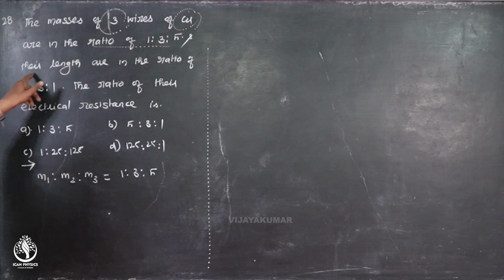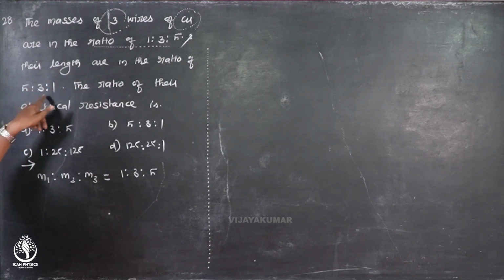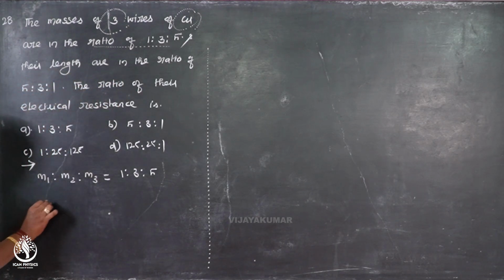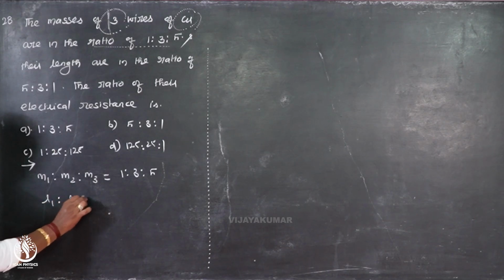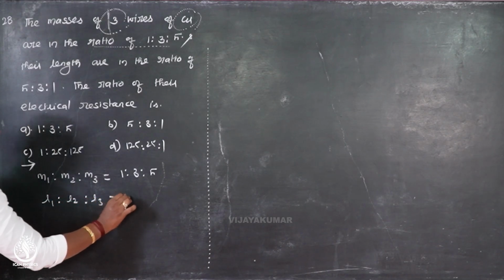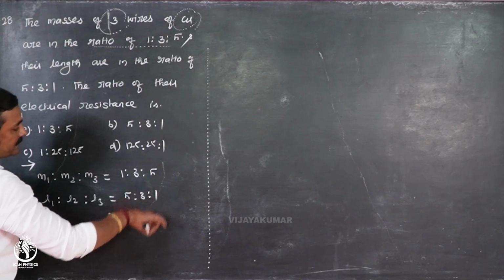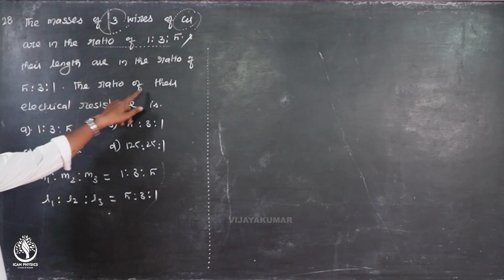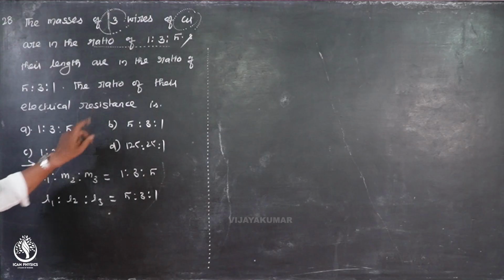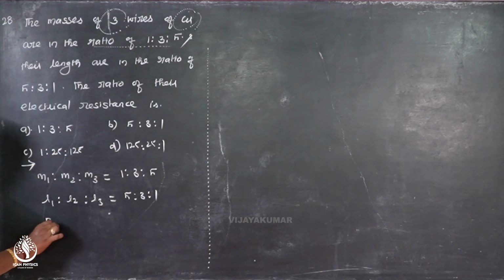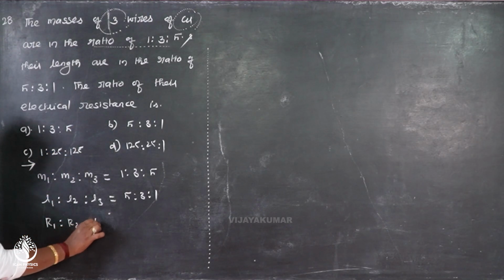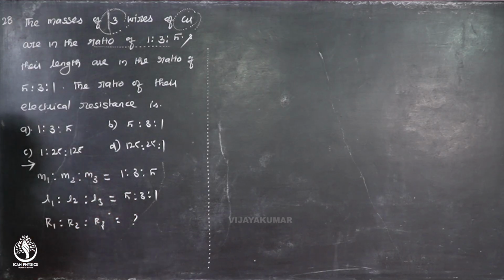Their lengths are in the ratio 5:3:1, so L1 is to L2 is to L3 equals 5:3:1. The ratio of the electrical resistance is, okay, so R1 is to R2 is to R3 equal to what?